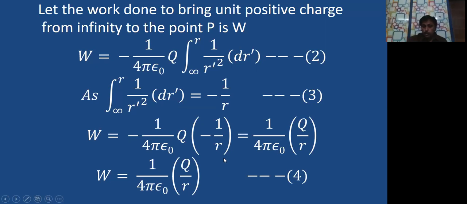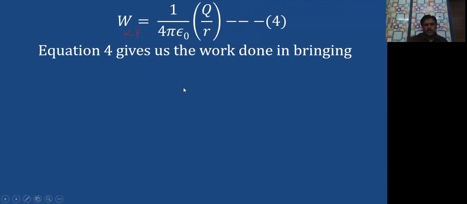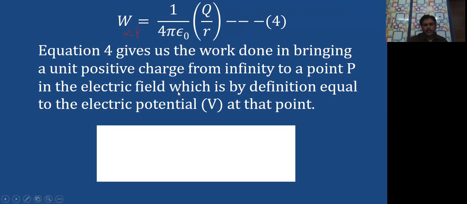What charge? Unit positive charge. So that is important, equation 4: work done in moving from infinity to the point P. Okay. So equation 4 gives us the work done in bringing a unit positive charge from infinity to a point P in the electric field, which is by definition equal to the potential at the point.